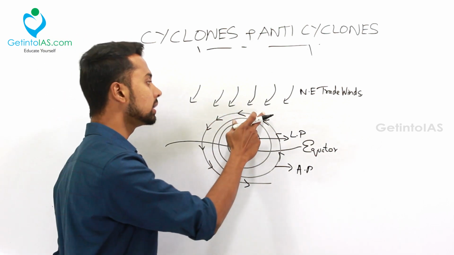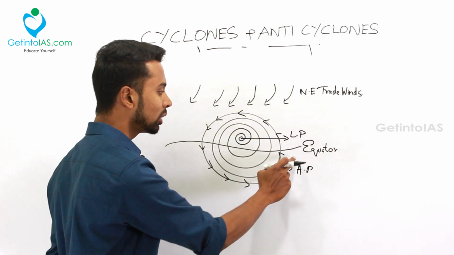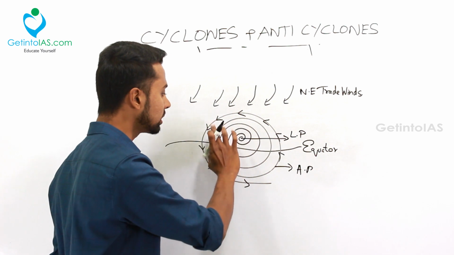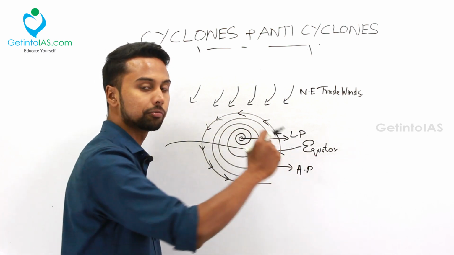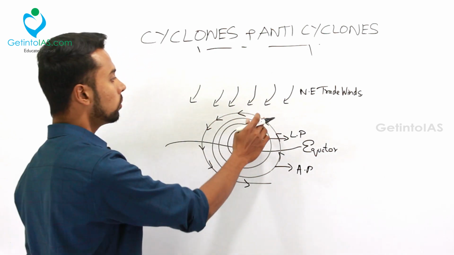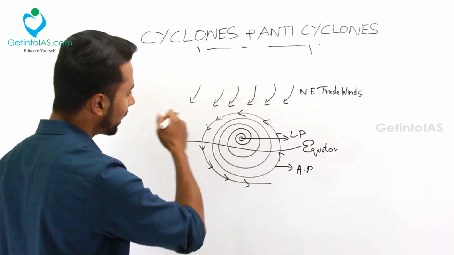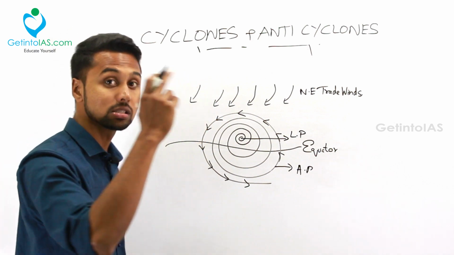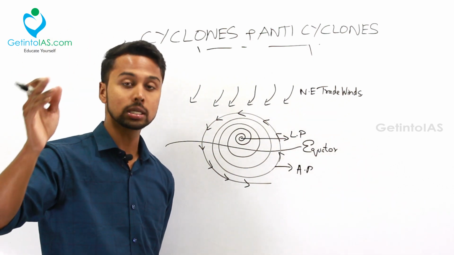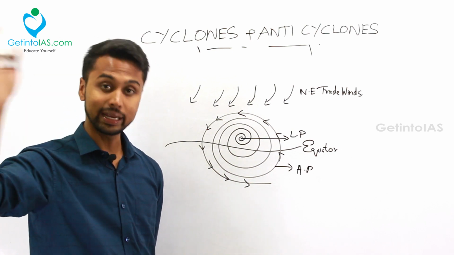See, the northeast trade winds and the southeast trade winds both come and converge at the equator, where you can find the ITCZ. We all know this concept. Now it is the northeast trade winds. Because of the Coriolis force, the winds get deflected towards the right in the northern hemisphere.